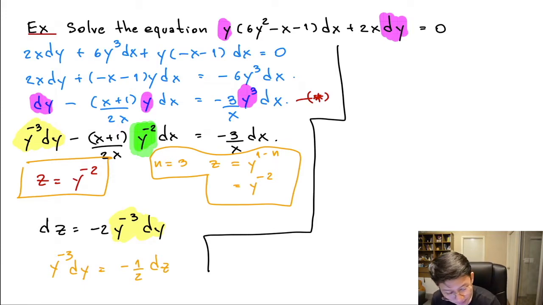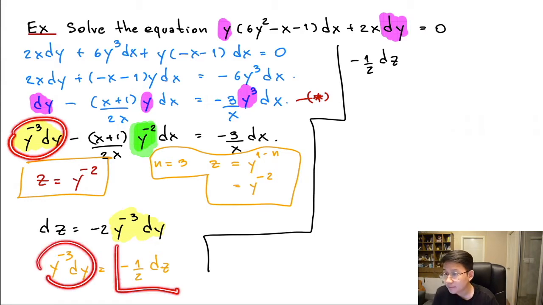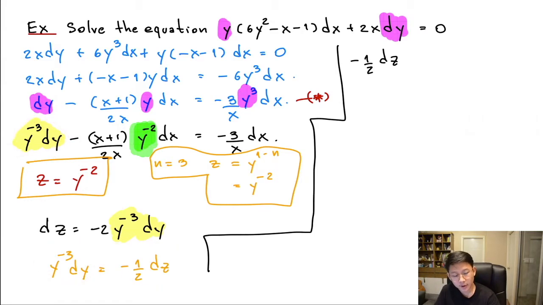So what I have is minus half of dz, right? I just change this guy to minus half of dz. See, I want you guys to do it just like this. First, rearrange the equation. Second, divide the whole thing by y to the power, from the right hand side, you divide the whole thing by that one.